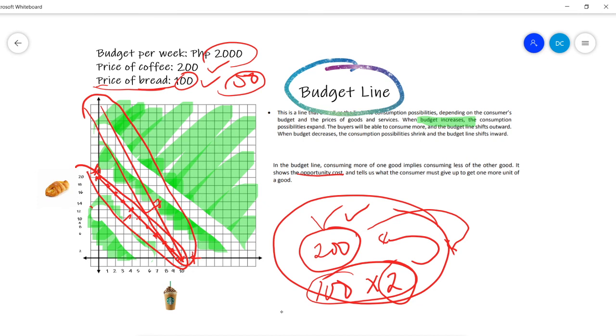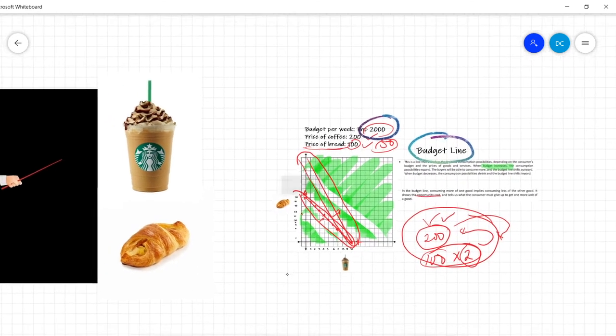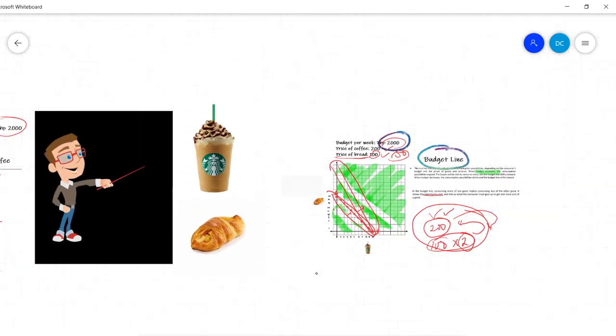We can only increase our capability to buy if tataas yung income natin or budget natin at a specific period of time. Okay? And if that happens, the budget line shifts to the right. Always remember that. And kung bumaba yung income natin, the budget line tends to shift to the left. And that sums up the concept of budget line or the budget constraint.